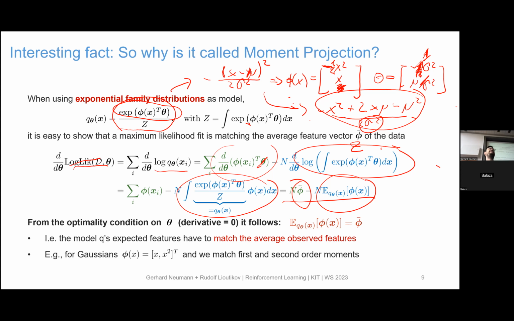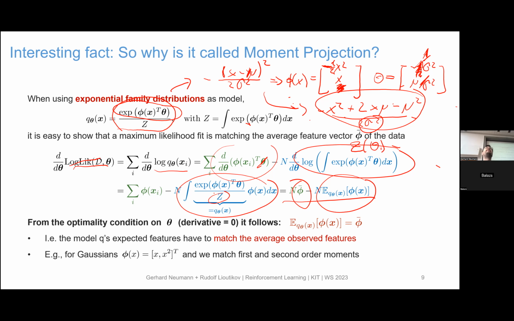There are quite a few steps at the same time, so let's do it step by step. The derivative of a log of some function, what is that? The function depends on theta.